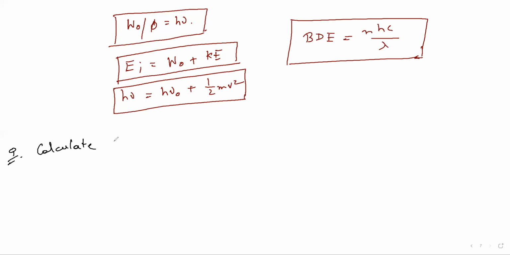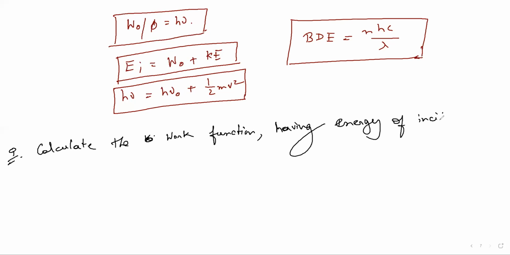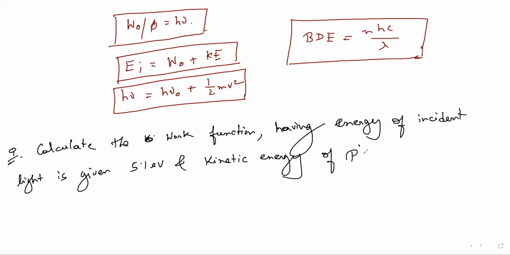Calculate the work function having energy of incident light given as 5.1 electron volt, and kinetic energy of photoelectron is 3.5 electron volt.